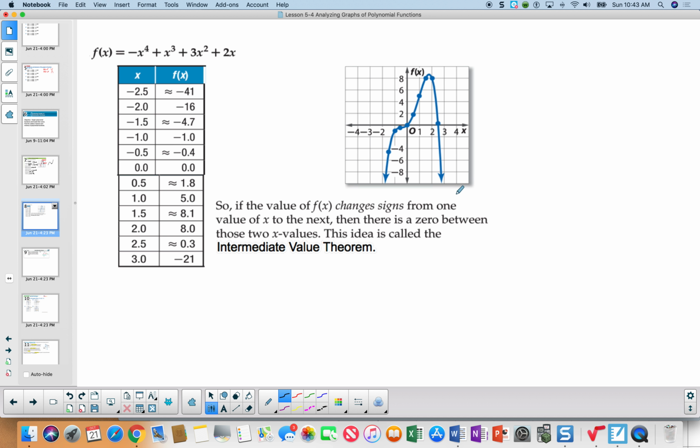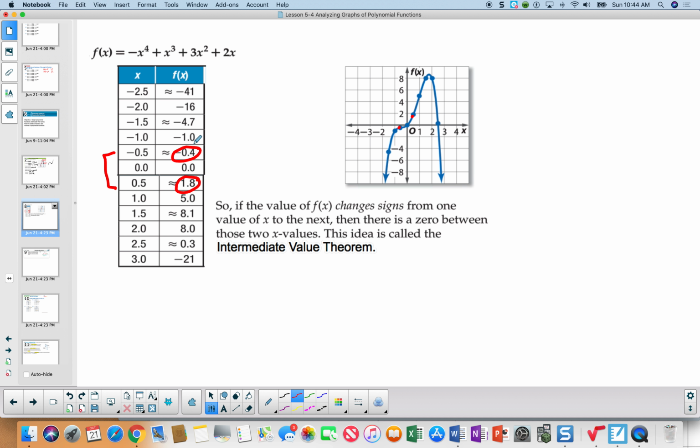All right, let's take a look at this same picture and talk about a new idea. When I take a look at two x values, this x value and this x value, located right here and right here, I notice that one y value is negative and one y value is positive, and it had to go through an intermediate value called 0.